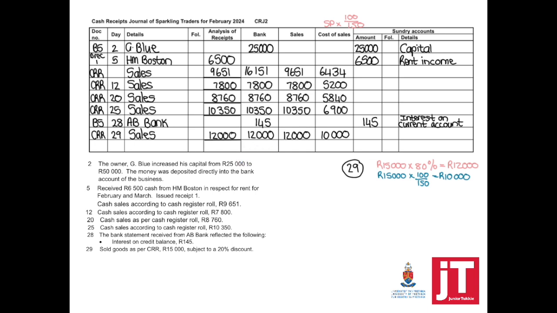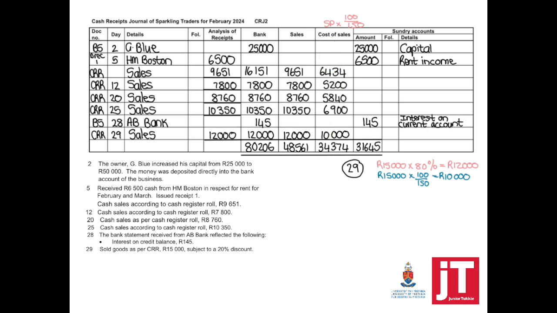Once we've taken all the transactions from the cash receipts journal, we can draw a line and we can total bank, sales, cost of sales, and sundry accounts. Please take note, from the cash receipts journal, bank is going to be debited, the rest is credited except for cost of sales.